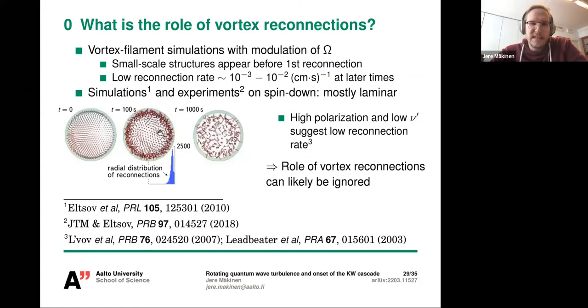I should also mention that the magnon condensate, which we use to probe the vortices, is located close to the middle of this container, so it should be insensitive to anything that's going on close to the boundaries. On top of that, the high polarization in the experiments and the low value of nu prime extracted also suggest that the reconnection rate should be very low. So we believe that the role of vortex reconnections in these kinds of measurements can be ignored.